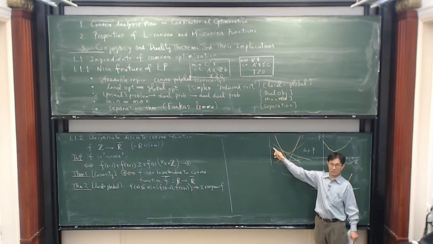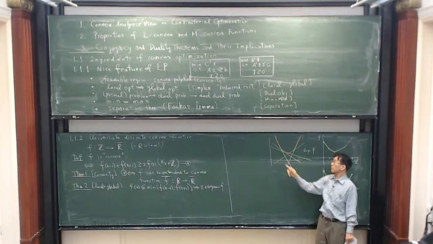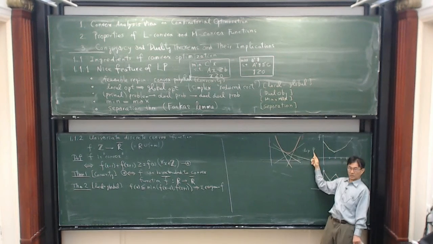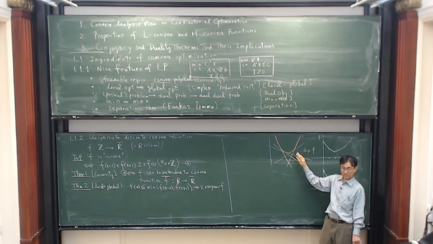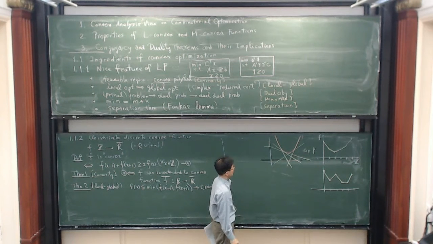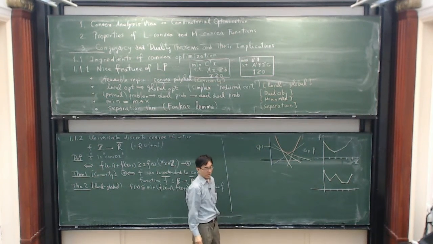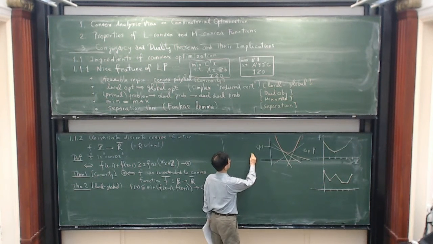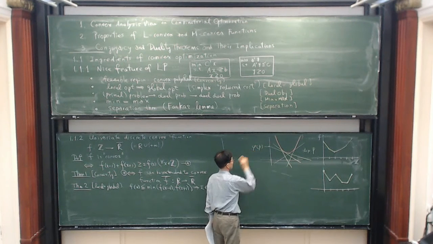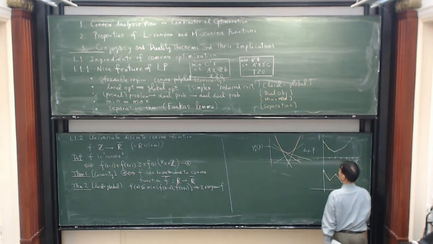So the section here, the y coordinate, is a function of p when we fix f. So this coordinate is a function of p, and say call it phi, but depending on f.